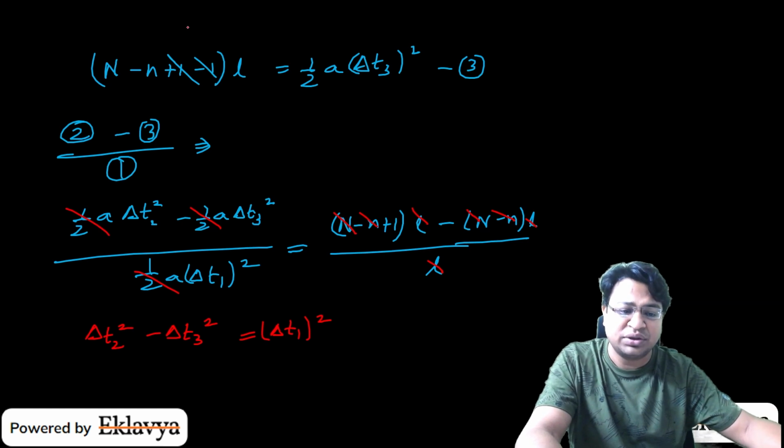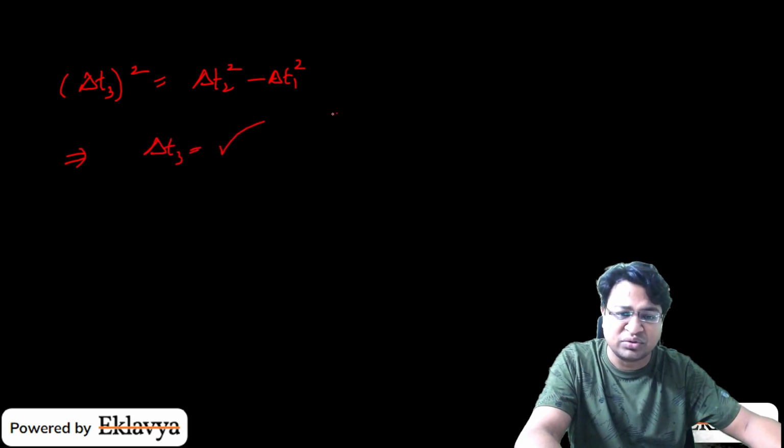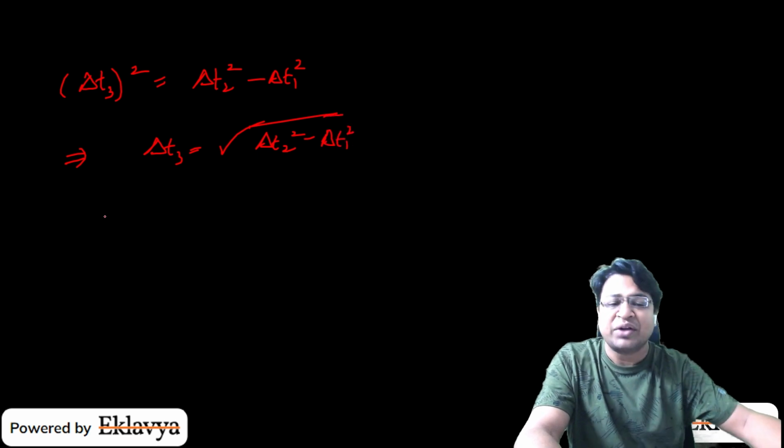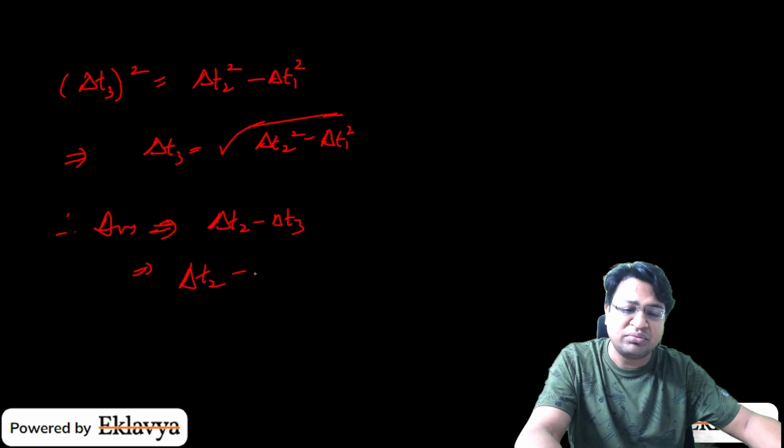So from here we can conclude that delta T3 square is equal to delta T2 square minus delta T1 square, which basically means that delta T3 is equal to root of delta T2 square minus delta T1 square, and therefore the answer would be the difference of delta T2 and delta T3, which means it is delta T2 minus square root of delta T2 square minus delta T1 square.